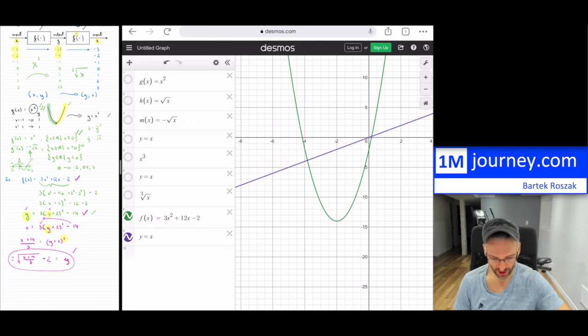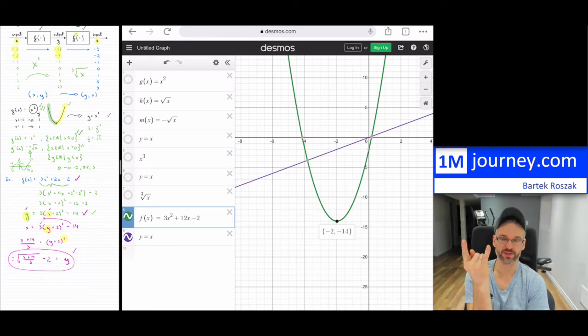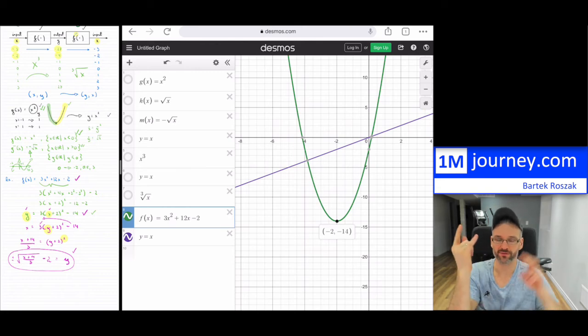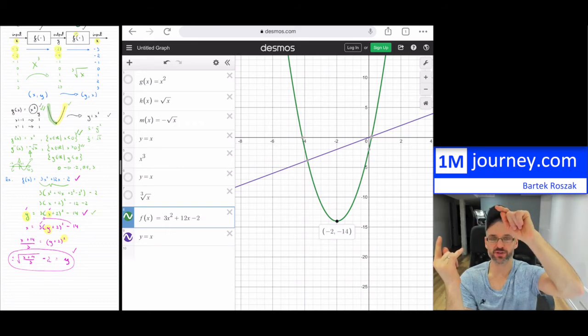So this is -2, -14. Again, inverse means you're just swapping the ordered pairs, right? So my new vertex, now it's going to be on sideways. It's going to be -14, -2. And from there, we're going to draw our parabola in, which is really the square root function.